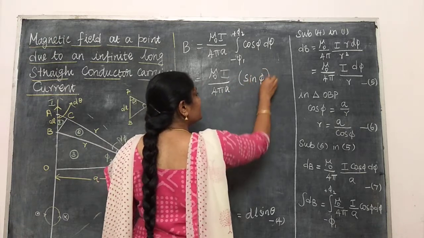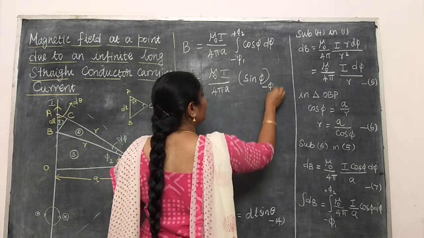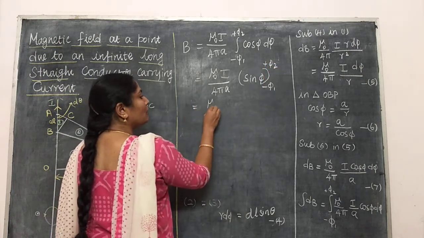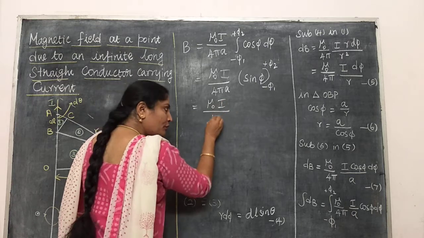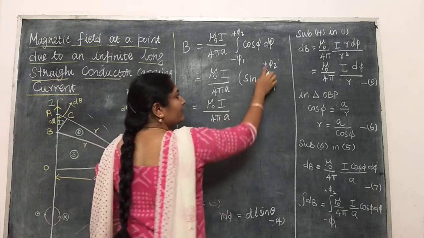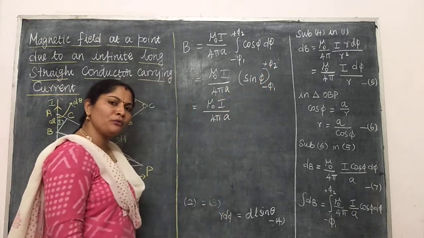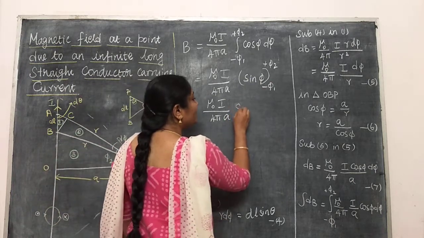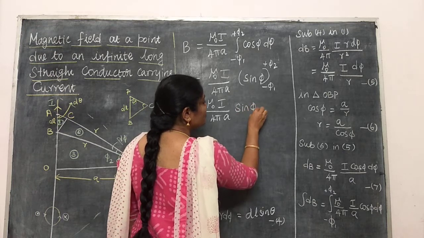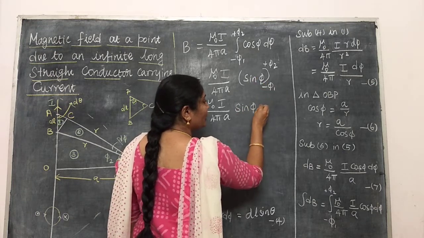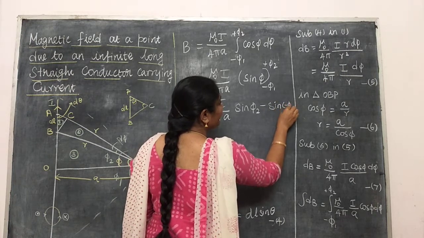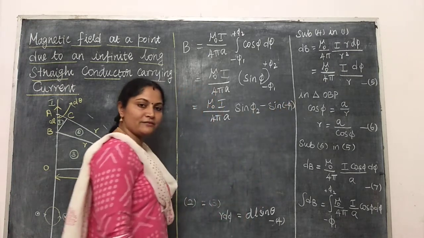When we apply the limits, minus phi 1 to plus phi 2, that is equal to mu naught I by 4 pi a. First apply the upper limit, you know the rules for applying limits. So upper limit sin phi 2 minus of lower limit, so minus of sin of minus phi 1.